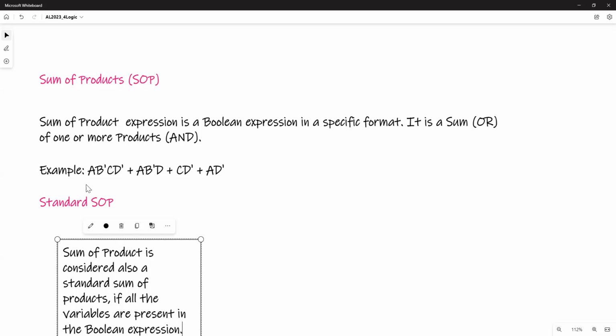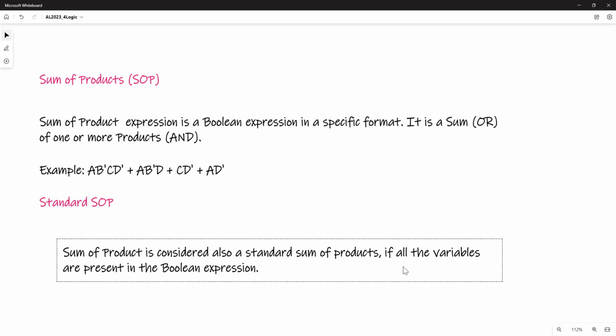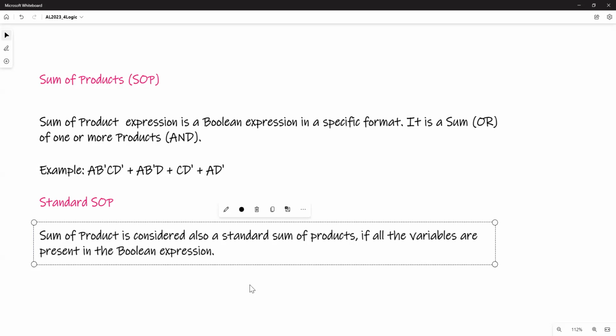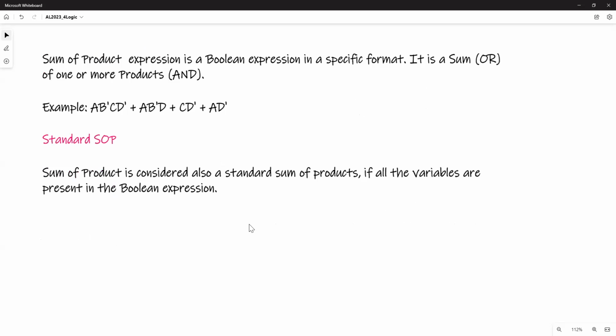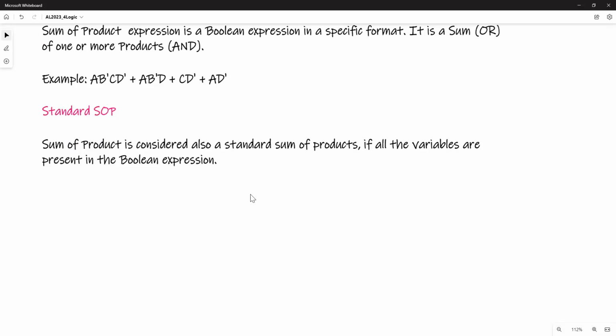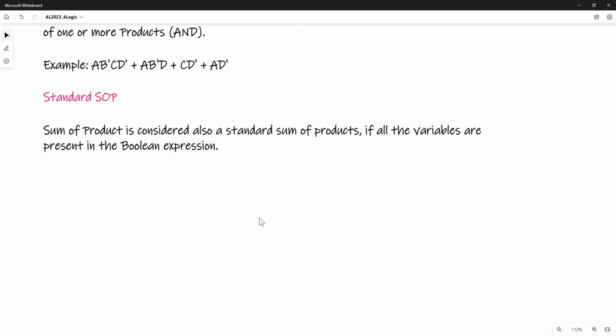Now, the first one that we have seen, not all the variables we can see, right? Not all the variables we can see. So if we can see all the variables, then we can say that it's a standard sum of product, right?